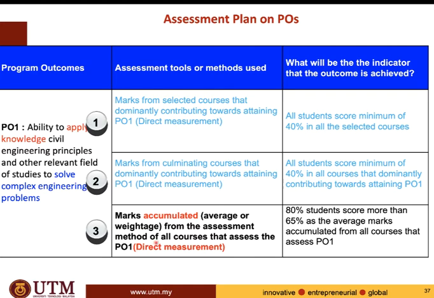This is a bit complicated because you need to segregate and then accumulate, get all the marks from all the courses where it is contributing towards achievement of PO1.